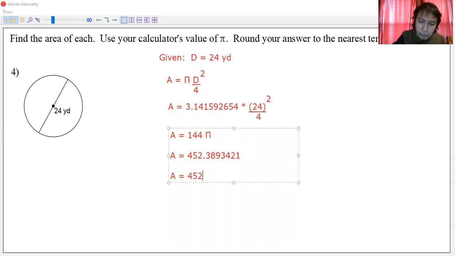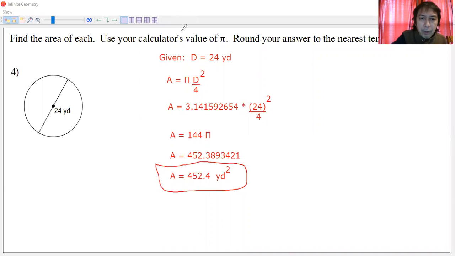The unit is square yards. This is our final answer for number 4. We can check the answer near the diagram. As soon as I click this magnifying glass with the X, it's 452.4 square yards. That means this is correct.